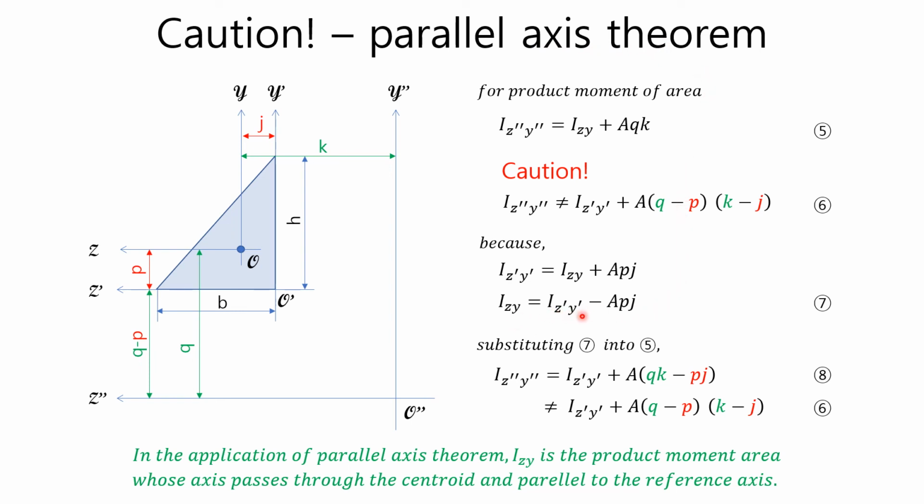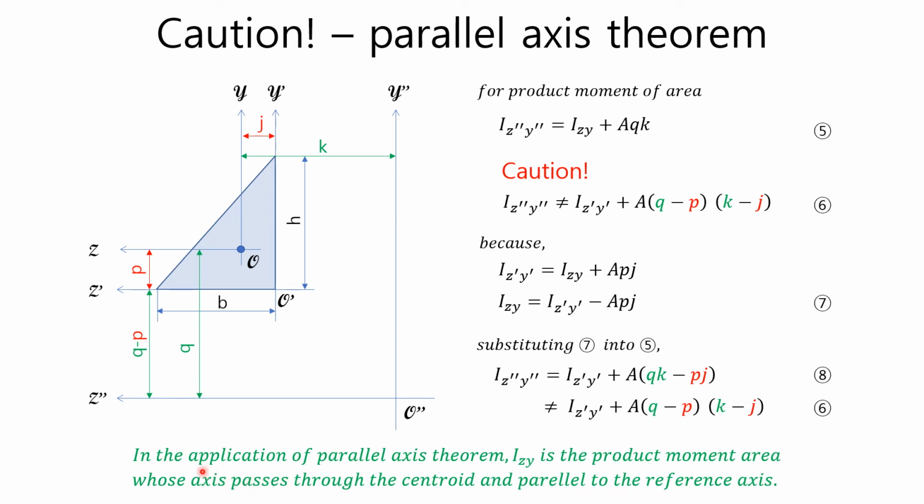Izy can be expressed as equation 7 from the definition of product moment of area for Izy prime. Substituting the Izy value of equation 7 into equation 5 here, we obtain equation 8, which is not the same as equation 6.